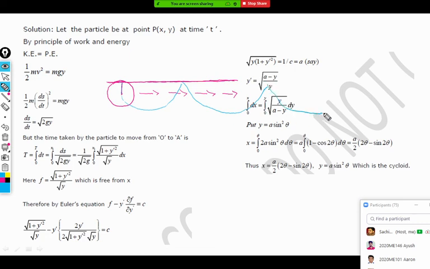So the curve you stretch like this is the graph of the cycloid. Actually, this is the branch you'll get. You'll get curves like that, and this is the cycloid curve.